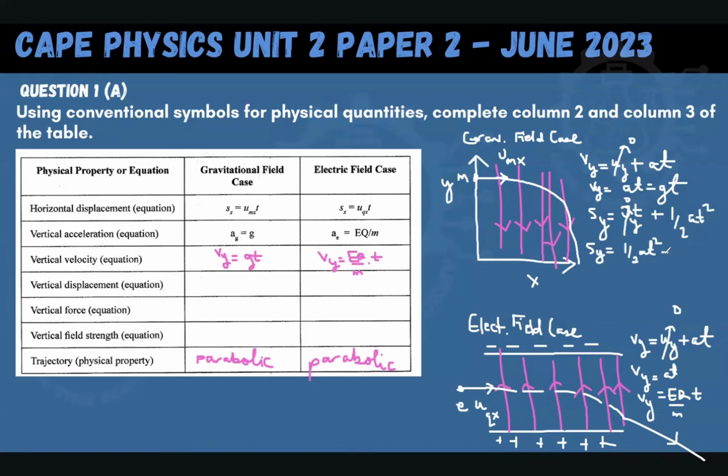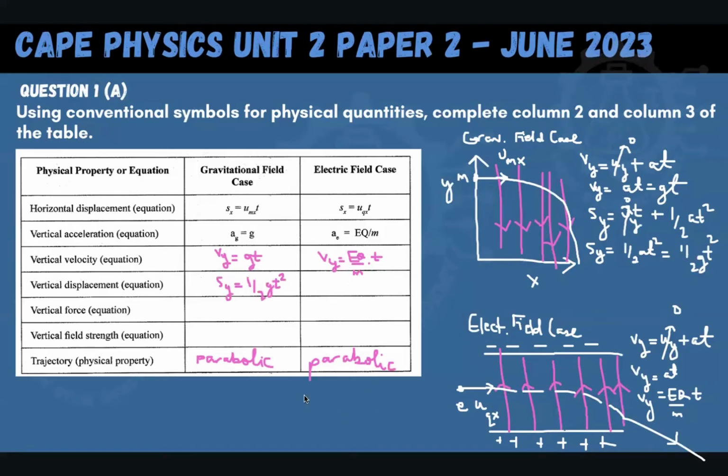And in the table, they already told us that the A is equal to G. So then SY is going to be half GT squared. So I'm just going to drop that in our table now. So SY for the gravitational field case is equal to half GT squared.